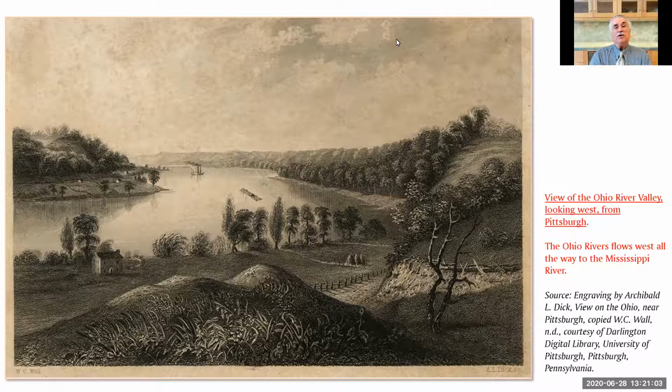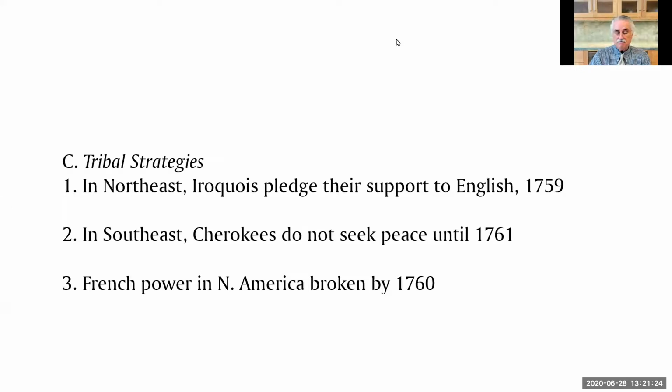And then the plan for colonial union was rejected at the so-called Albany Congress. And for the first few years of the war, it looked like the French forces were going to win. It didn't look good for the English.